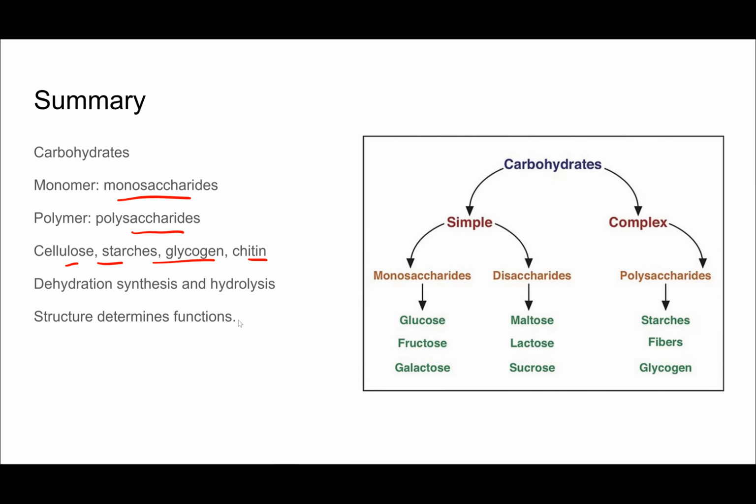And remember the relationship between dehydration synthesis and hydrolysis. In dehydration synthesis, we put monosaccharides together to make a bigger polysaccharide. Hydrolysis is the reverse: we use a water molecule to break polysaccharides into monosaccharides.